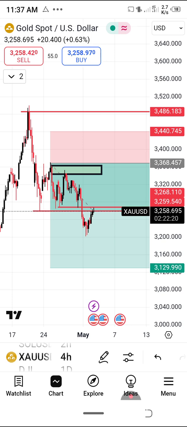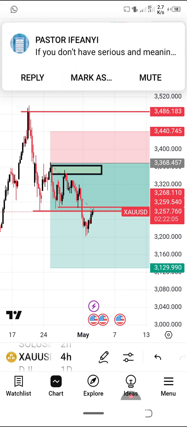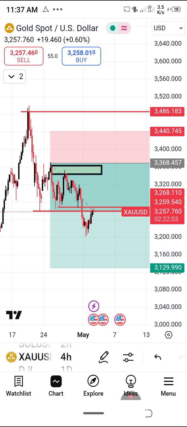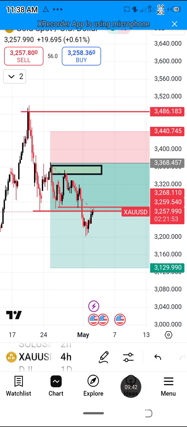Then it depends on your lot size. If I want to wage higher, maybe I will use 0.5 lot size or 1 lot size on this trade.